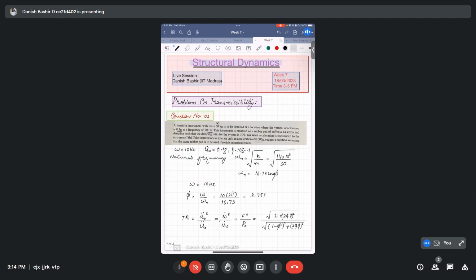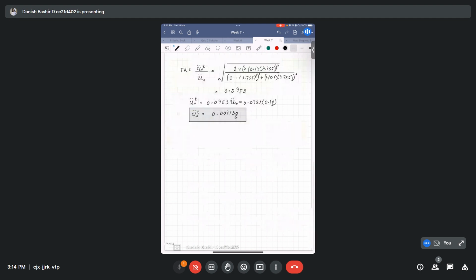So that was part a. In part b, what is being transmitted, u double dot naught t, is equal to 0.00953 g. It is greater than the tolerance limit.